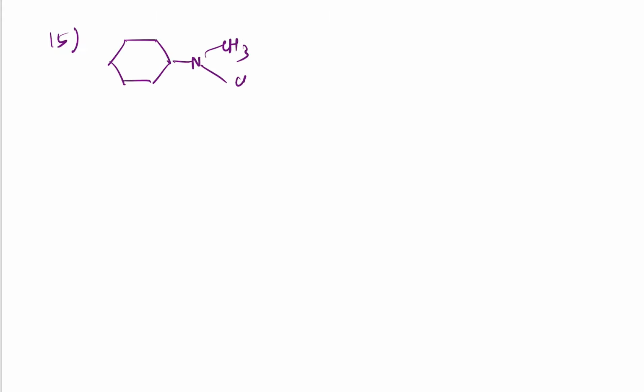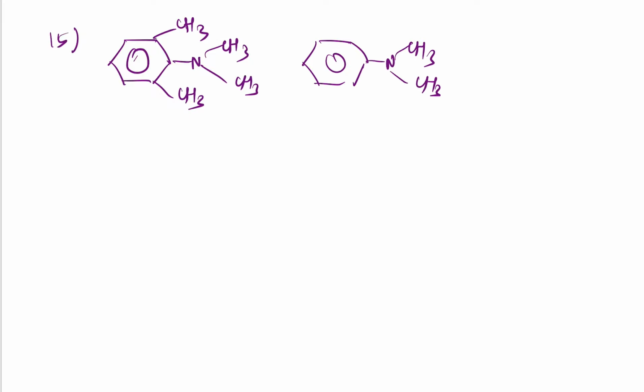NCH3, CH3, NCH3 and CH3. Here we have NCH3 and CH3. Now what will happen here? It is alpha and beta. Just think by your own. I'm just writing some more questions.